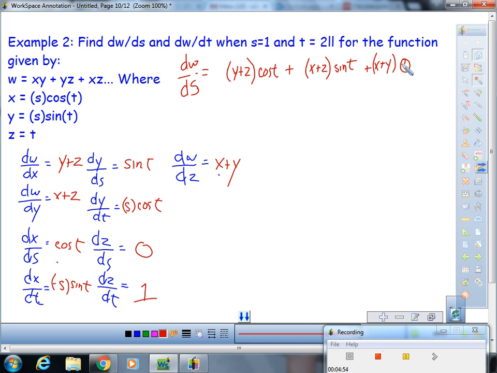Okay, and then I have to plug in s cosine of t and s sine of t, because we want it in terms of s's and t's.